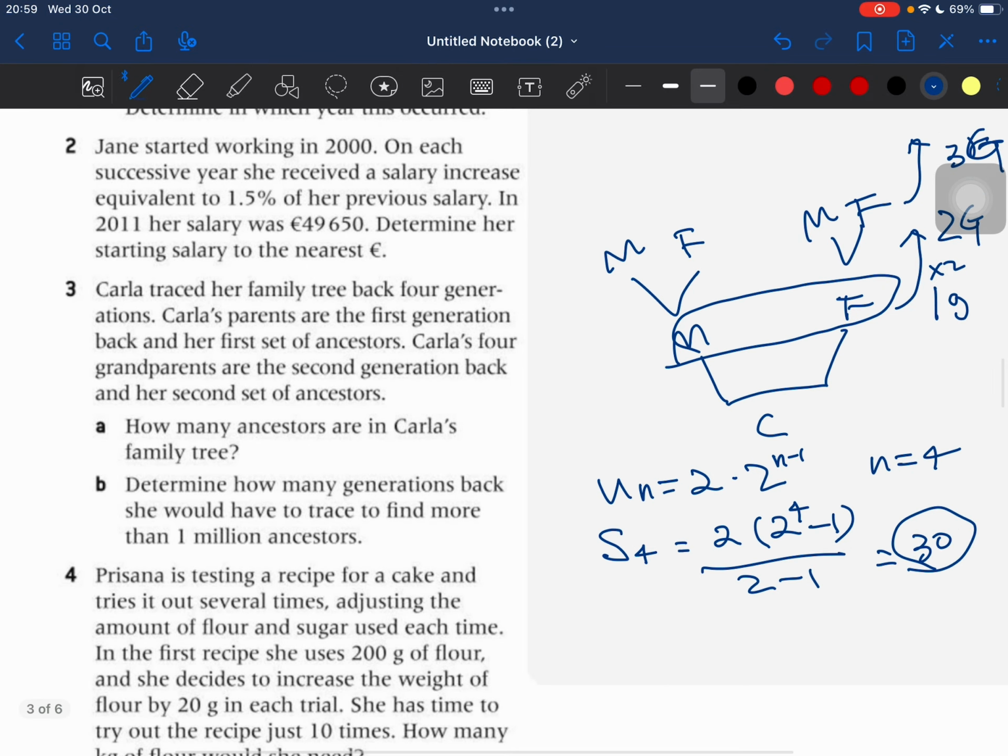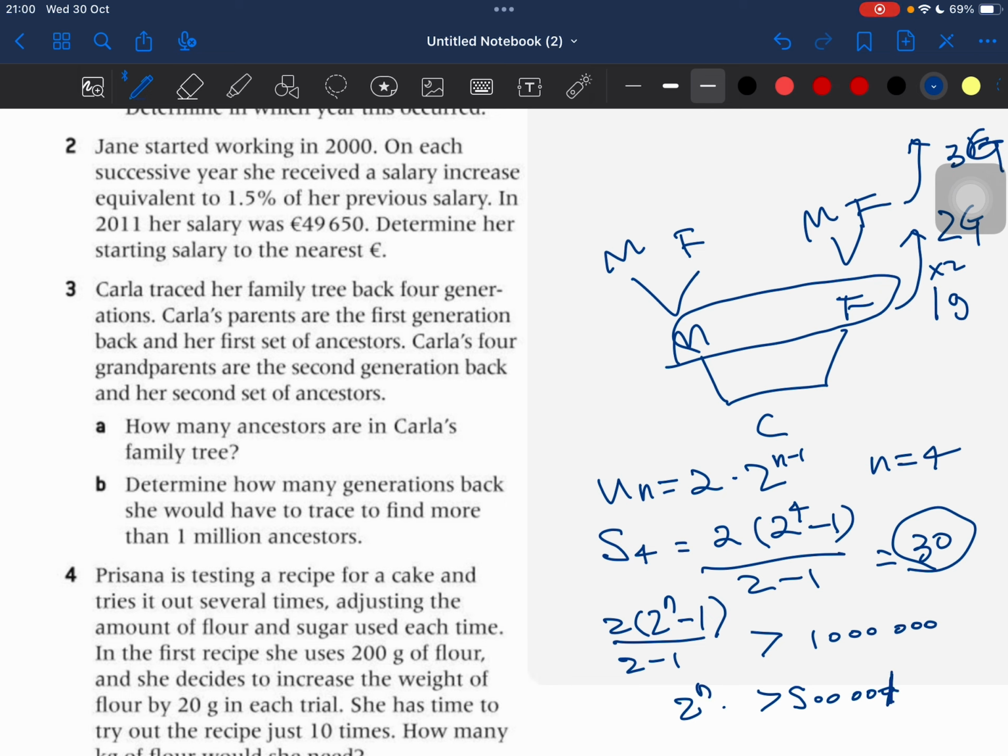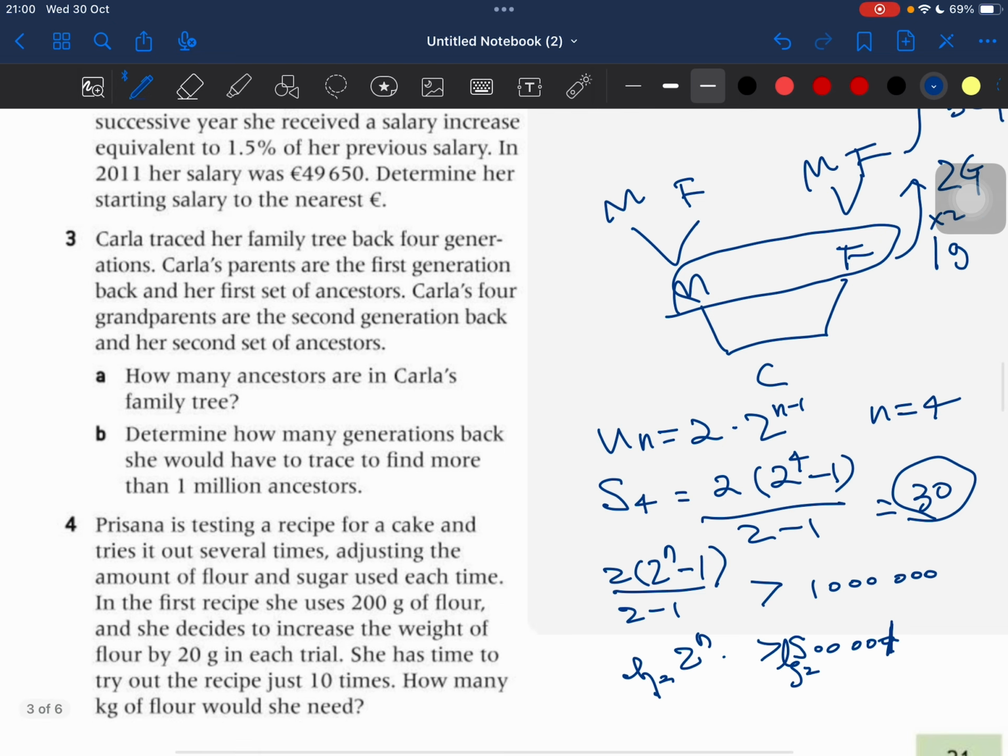How many generations back would she have to trace to find more than 1 million ancestors? So 2 times 2 to the power of n minus 1 should be more than 1 million. So 500,000 is less than 2 to the n minus 1. Now we can take the log with base 2.